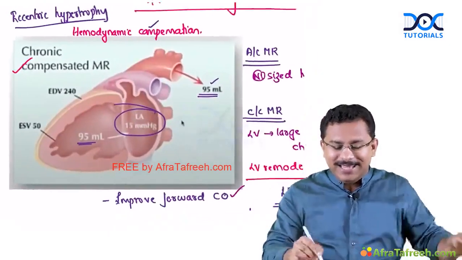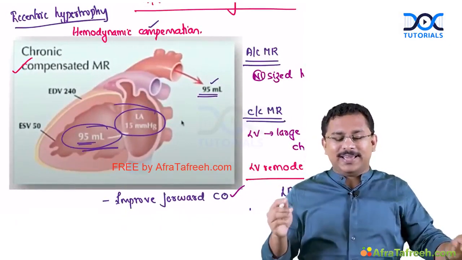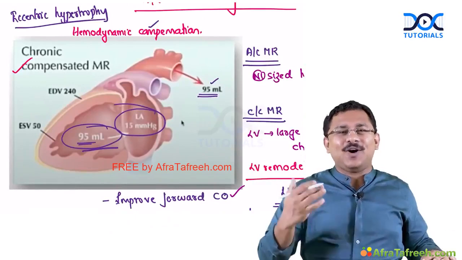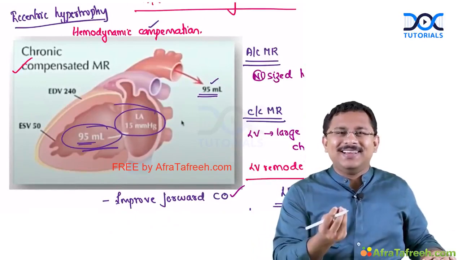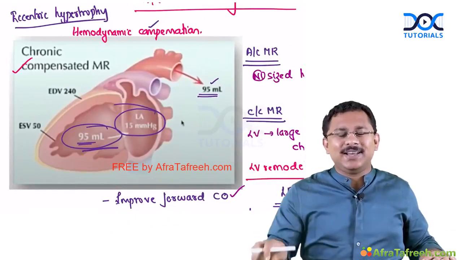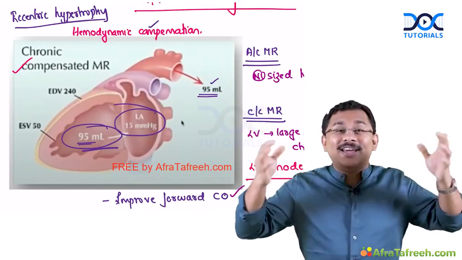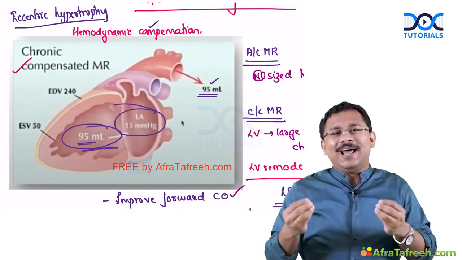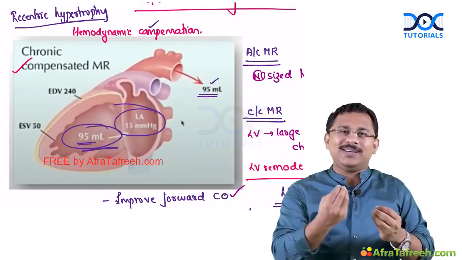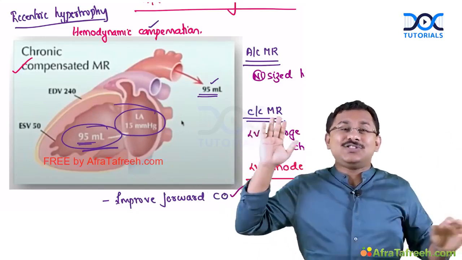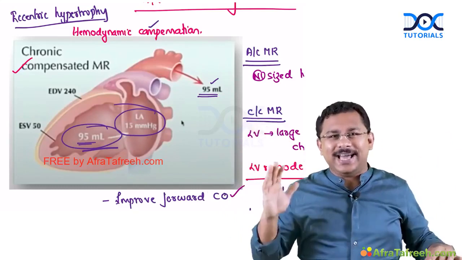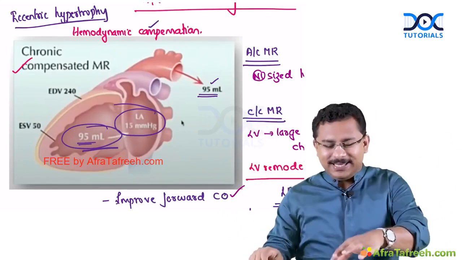Okay, but the regurgitant fraction will be more in case of a chronic compensated MR. But though there is an increased regurgitant fraction, since the LA has expanded, the LA is ready to receive more blood. What will happen is that there is more regurgitant fraction, but still there is not much pulmonary congestion and edema. Okay, that's clear.